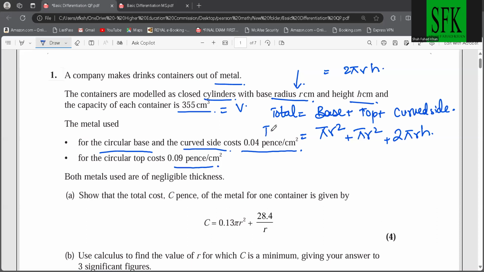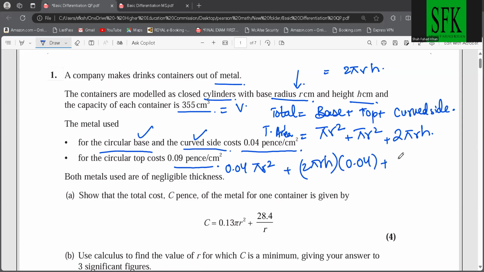That's the total area. Now, the circular base and curved side cost 0.04, meaning pi r squared will be multiplied by 0.04, and the 2 pi r h is also multiplied by 0.04.